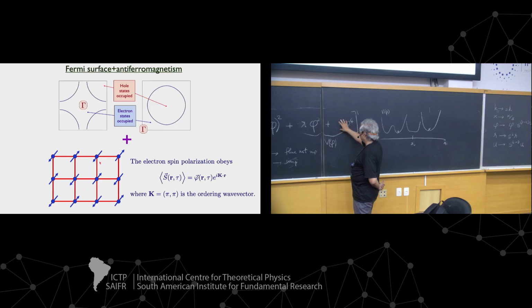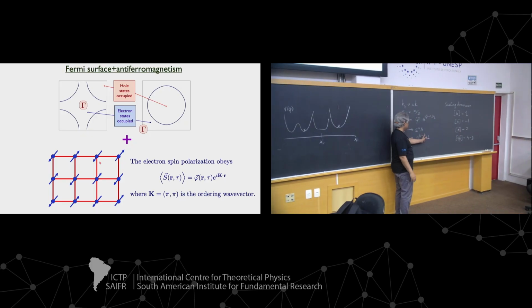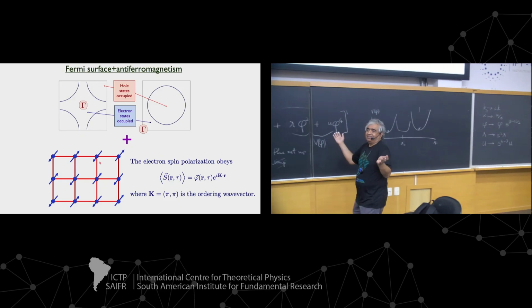So if U is small, this is the entire scaling transformation we are done. But under the rescaling, what we see is that U becomes even smaller, because when D is bigger than 4, this is some small factor. So U becomes smaller and smaller and just disappears. And so for D greater than 4, we don't have to worry about the effects of U, because eventually it will go to 0 anyway.